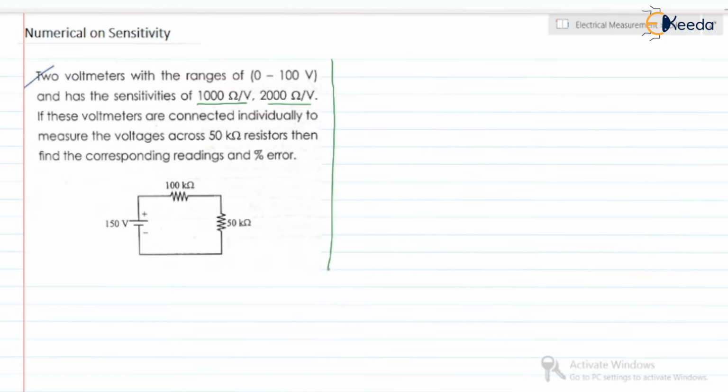So first of all let us note the given data. We are having two voltmeters. Let us consider voltmeter A, and here it is voltmeter B. Next, what is the range of voltmeter A? It is 0 to 100 volt.